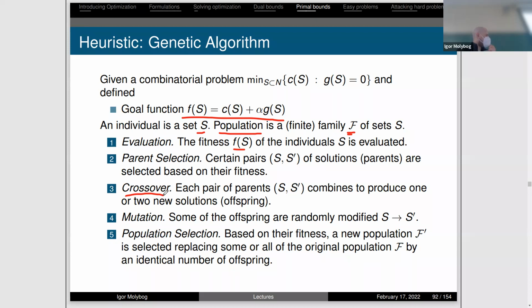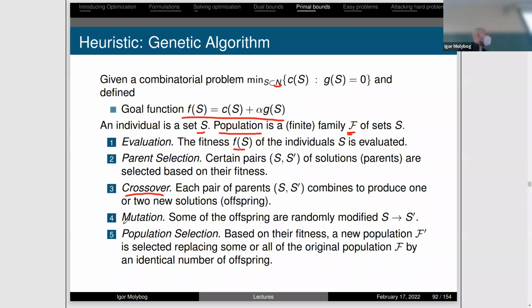procedure that, given, for example, the two parents, or whatever the number of parents you are operating with, produces offsprings. You're producing some other subsets from the set N that you would think of as better solutions, or potentially better solutions.